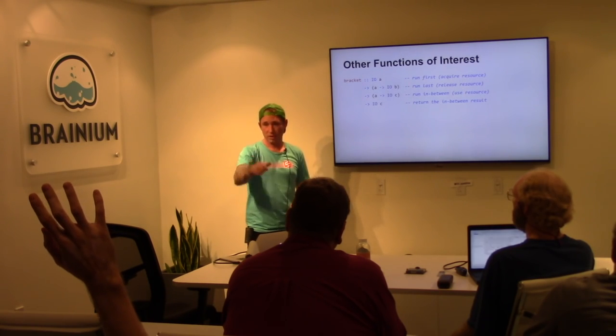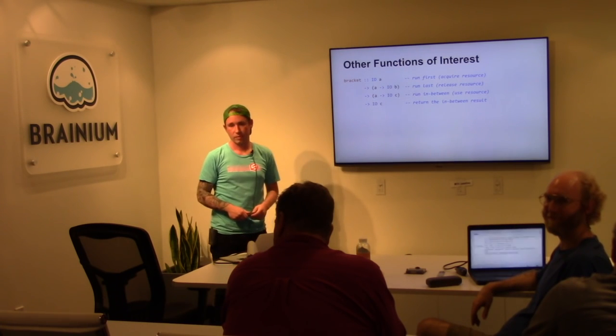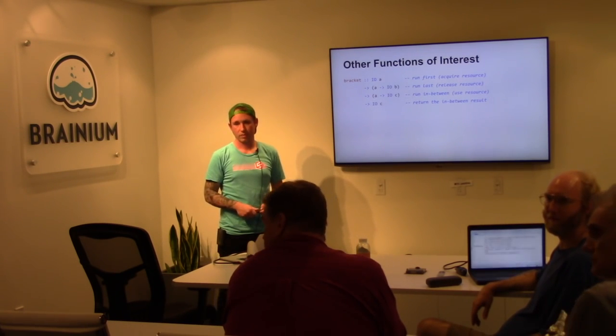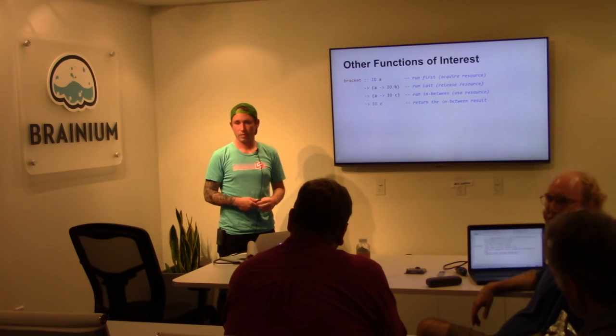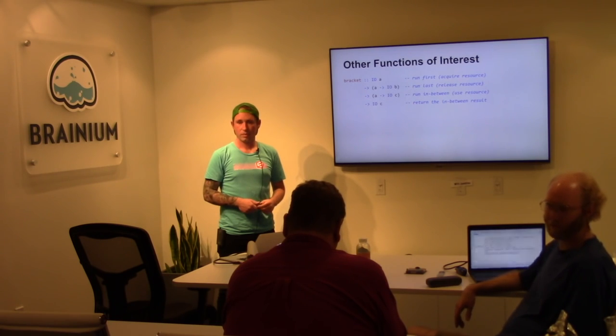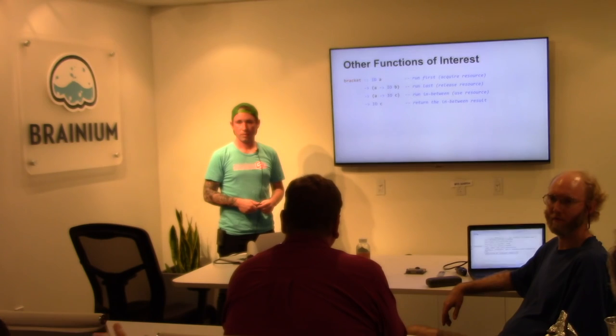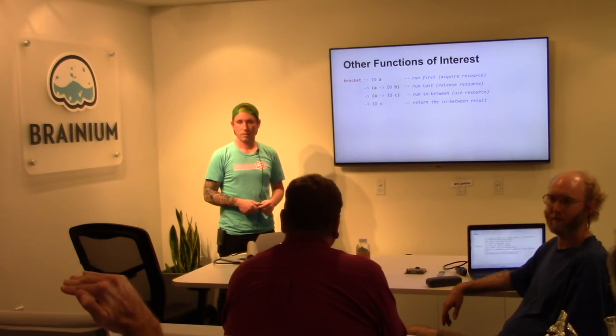Cool. Yeah, what's up, Devin? So the last question about bracket releasing the resource: according to the source, bracket is a thinly wrapped mask that applies the resource releasing thing in two different places.